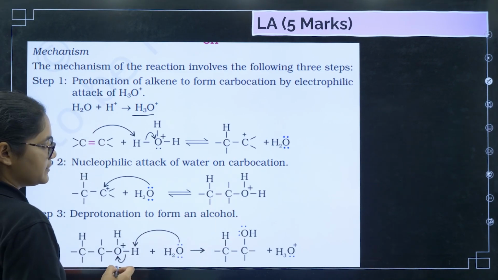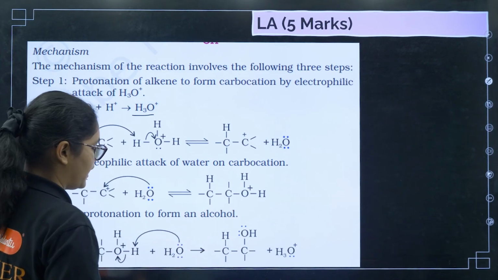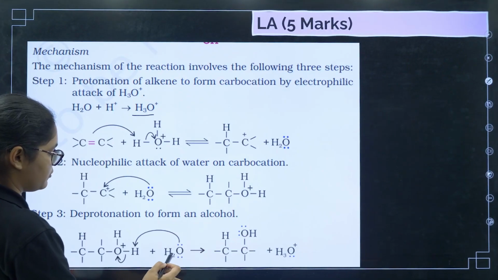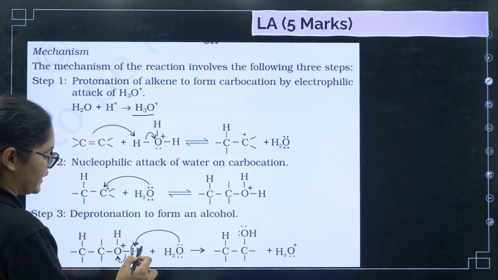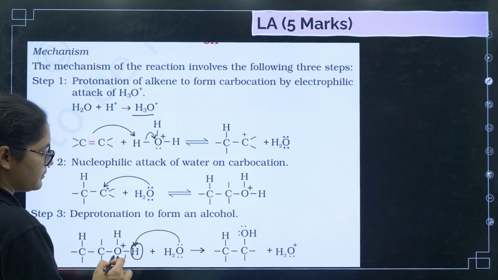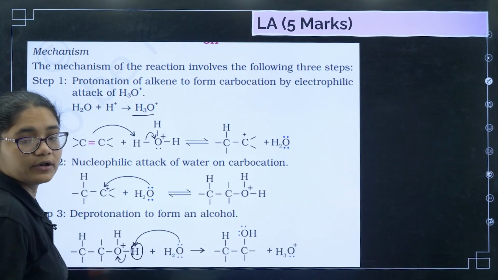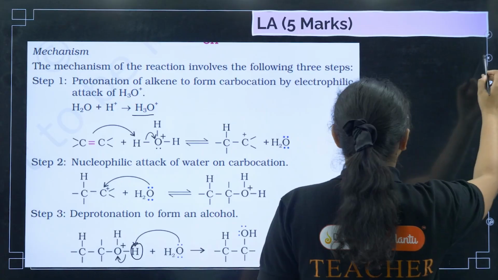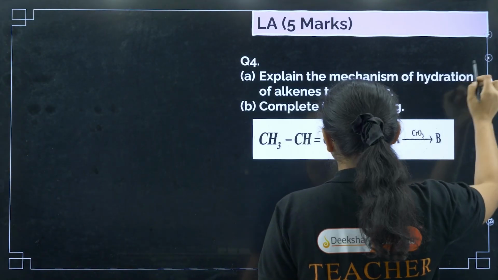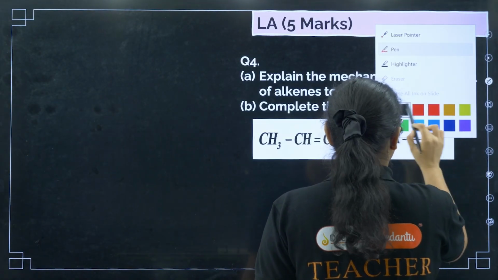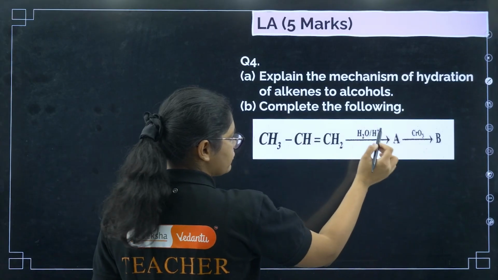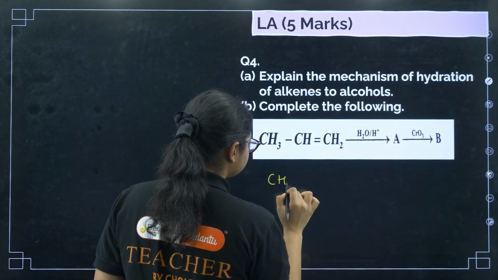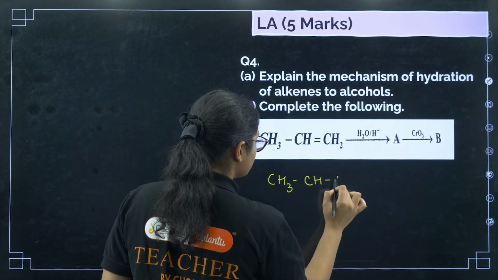Now after this what happens? Deprotonation to form an alcohol. So we have this water group here, this one attacks on this H, okay, and then this double bond comes here and we get an alcohol here and H3O+. Okay, now coming to the next one, this reaction if I want to first do, so H2O and H+ will add water following Markovnikov's rule.